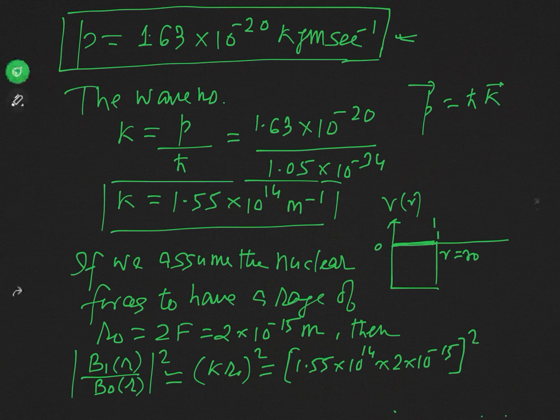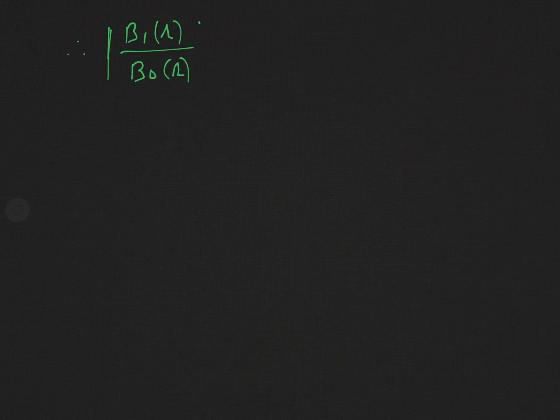If you simplify this result, you will find that this ratio is equal to 0.091. So therefore, we obtained that B1 of R over B naught of R squared is equal to 0.091.